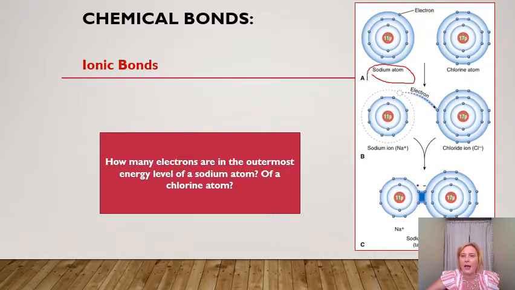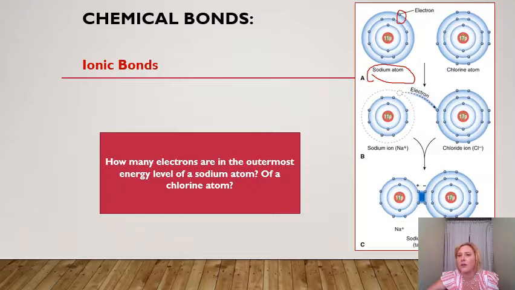Sodium has an atomic number of 11. So that means that there are also 11 electrons orbiting in these electron shells. The first shell will have 2, the second shell will have 8, and then that final electron shell will only have 1 sole electron in it.